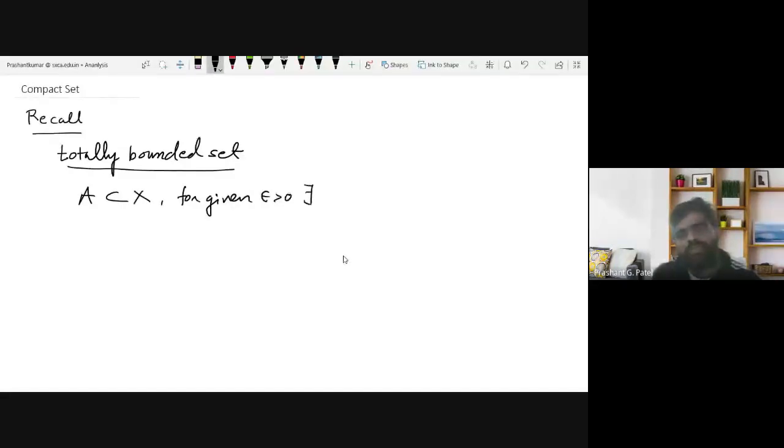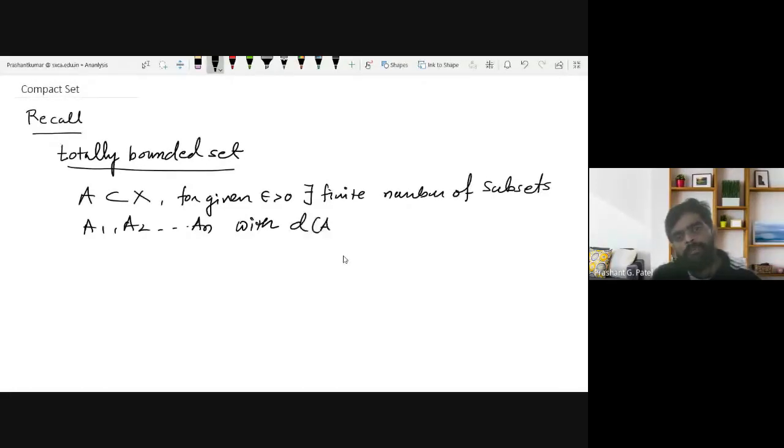there exists a finite number of subsets A1, A2 up to An with diameter less than epsilon of X such that A will be covered by the union of Ai, where i is running from 1 to n.